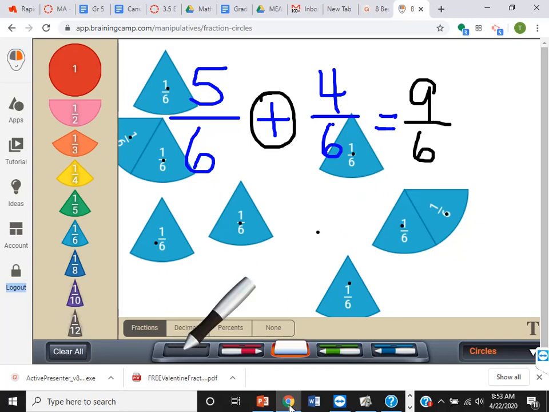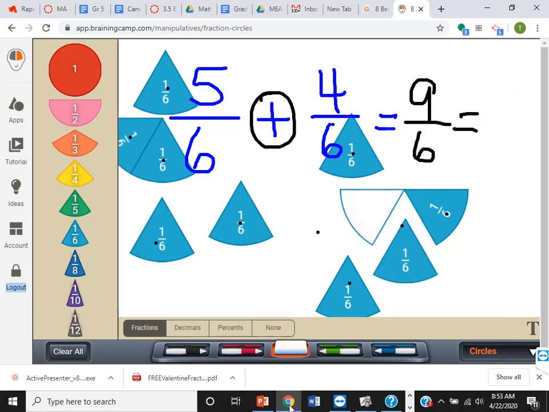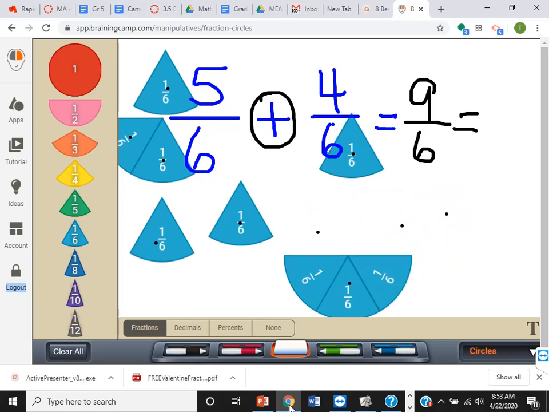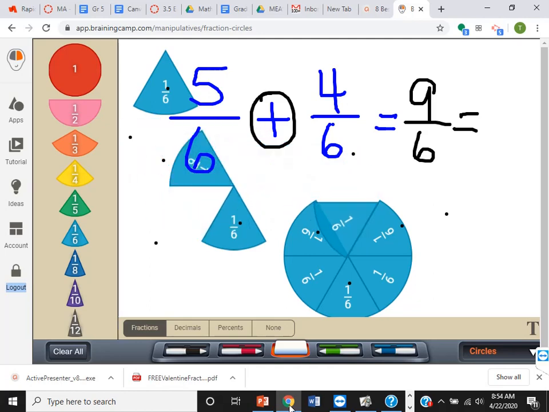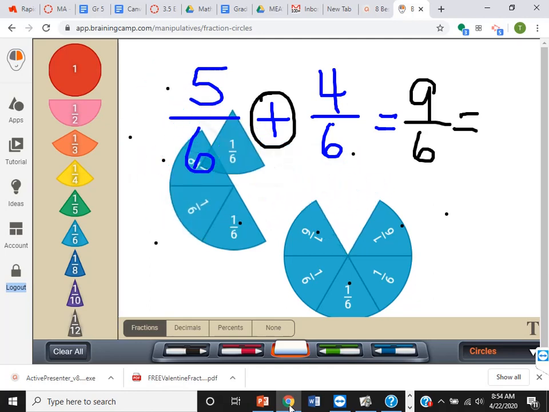So let's see if we can make our improper fraction into a mixed number since we have more than one whole. Let's combine our pieces. Where did that piece go? There it is. Why is that not doing that?